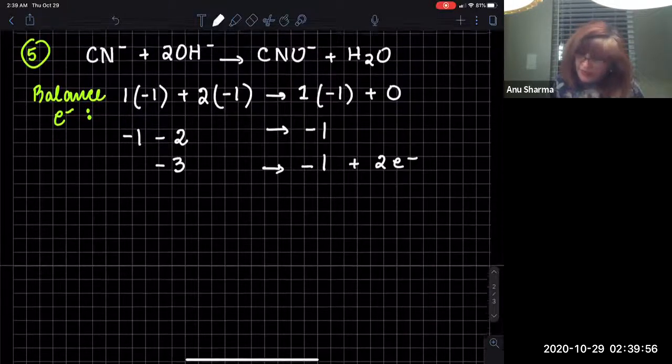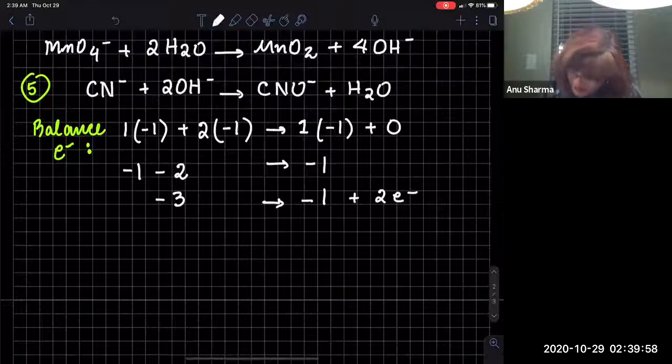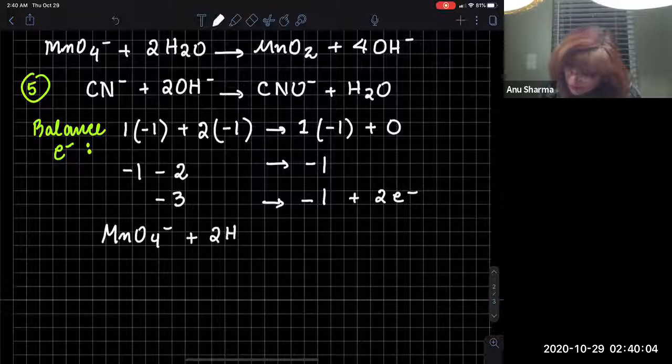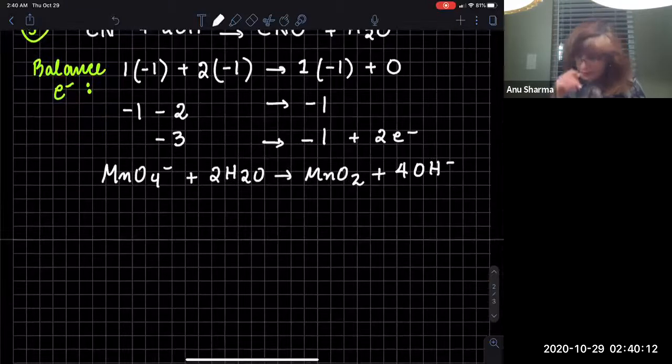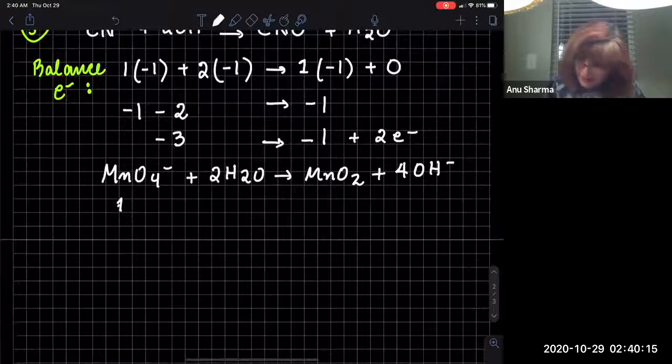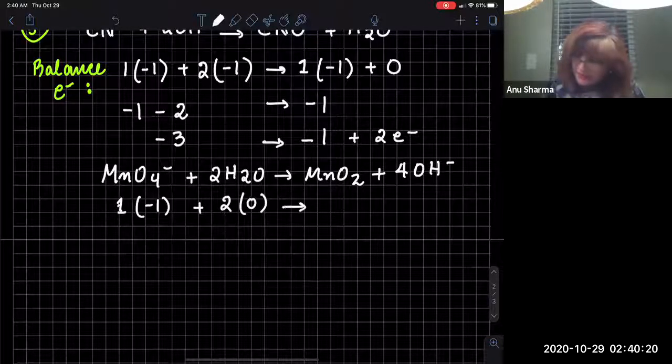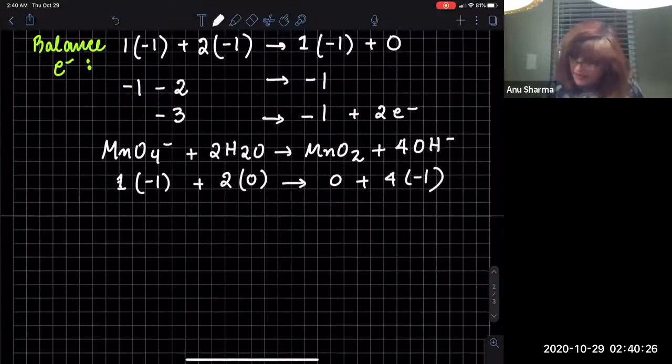Now look at what's happening in the case of Mn: MnO4⁻ plus 2H2O gives you MnO2 plus 4OH⁻. Here the charges are 1 multiplied by minus 1 plus 2 multiplied by 0, so this really is minus 1, and the other side is 4 times minus 1, which is minus 4.